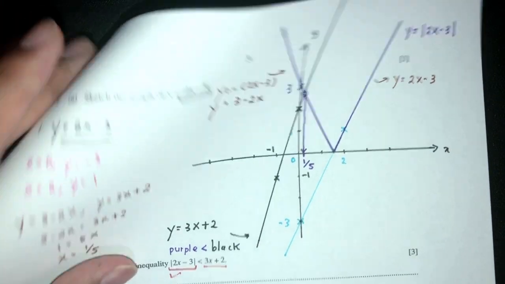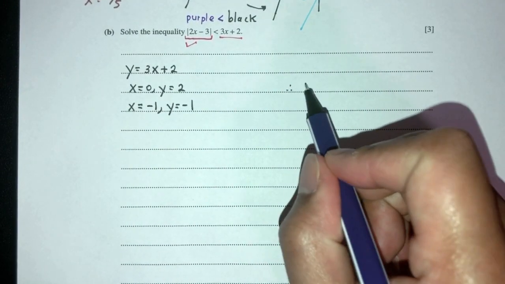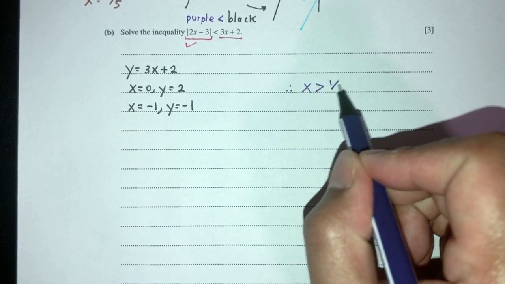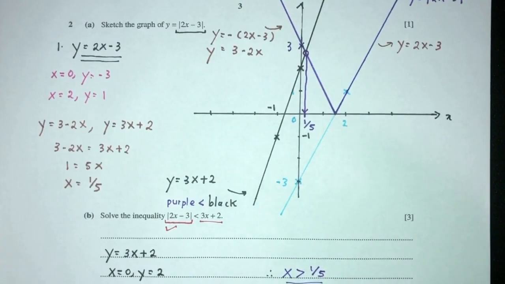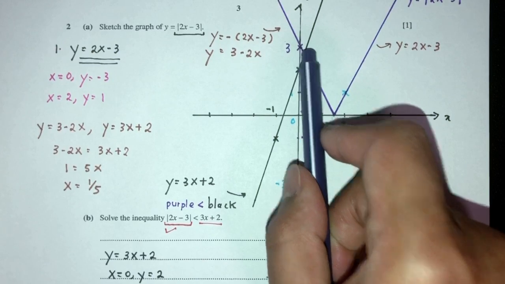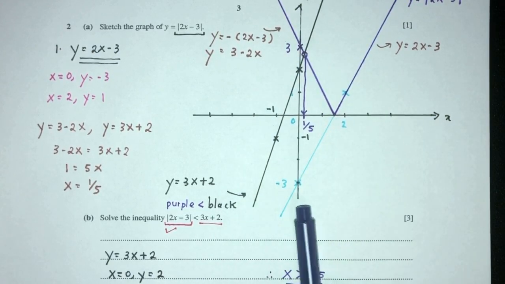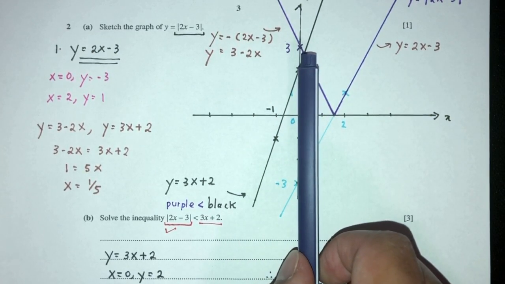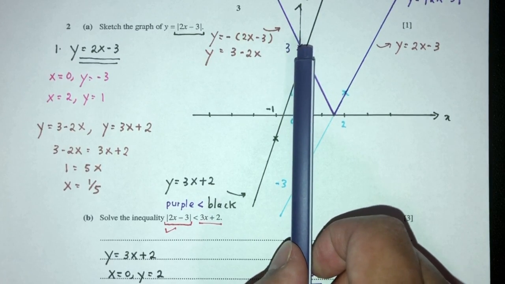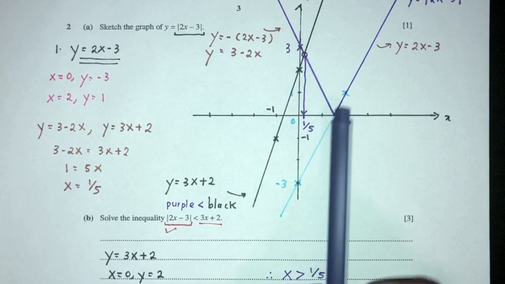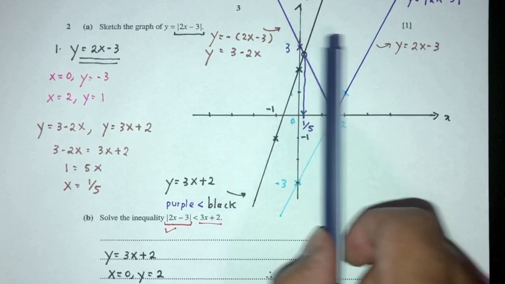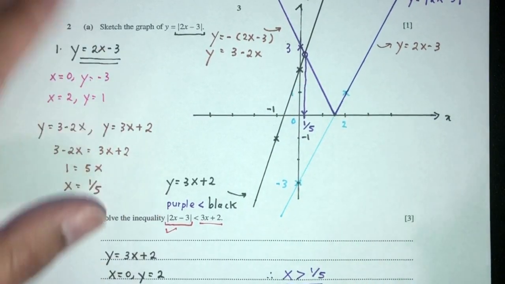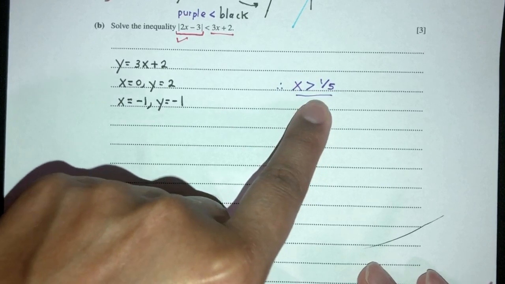Therefore, x can only be more than 1 over 5 for this to be satisfied. One more time, this is the point of intersection where they're equal. You realize by observation the purple line is below for this side, and the black is above here. So for when x is more than this, it will be below. Therefore, this is your answer: x is more than 1 over 5 for question number 2.